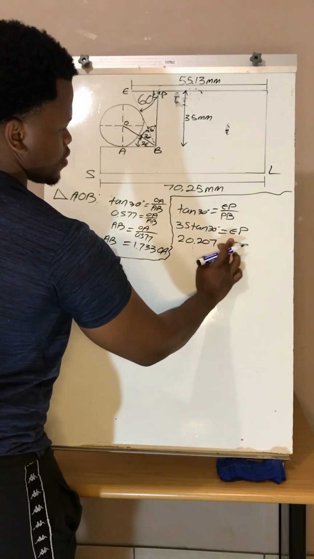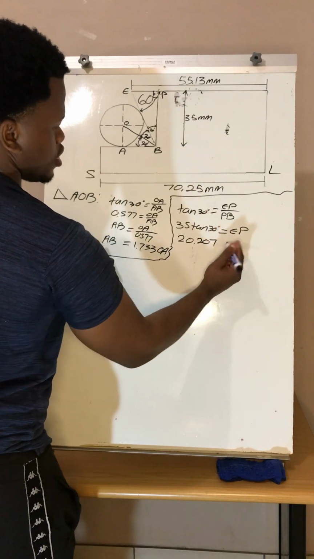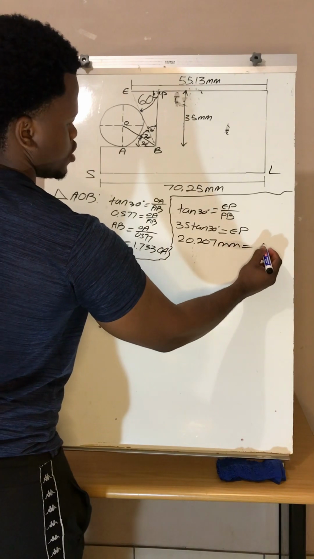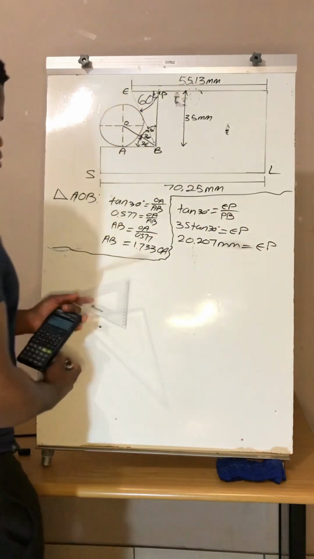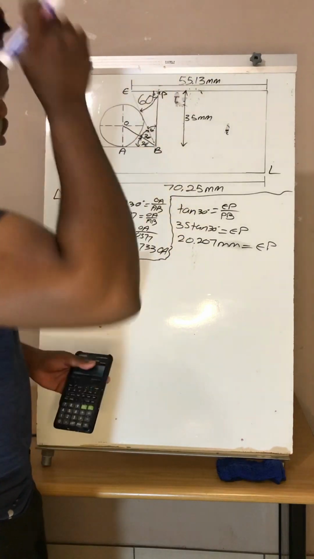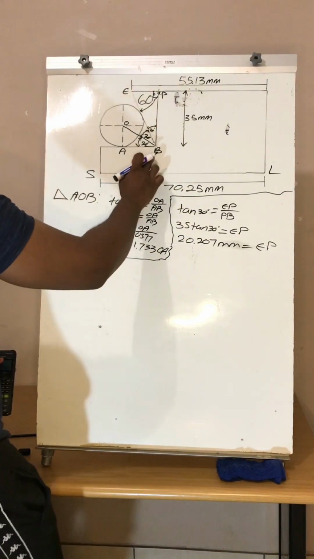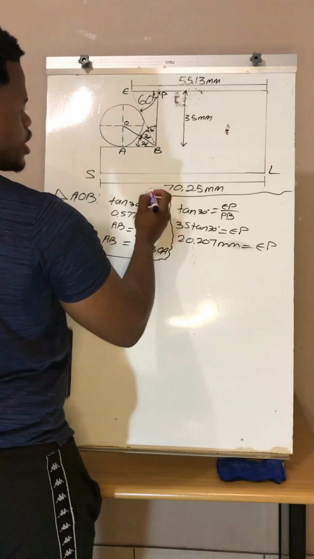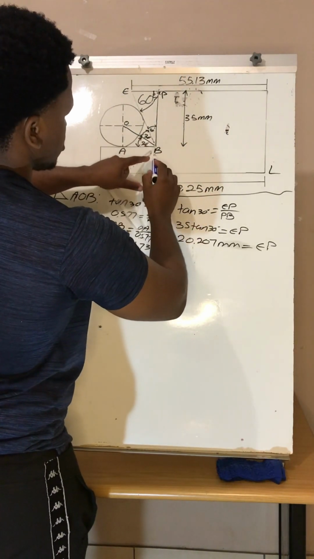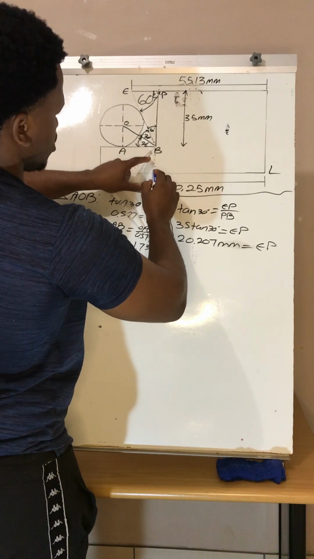But you have to specify if it's millimeters or meters. Mostly they will penalize you if you don't specify your units, so it's very important. Since we have EP, we can find the length from B to L. It's still the same B, so that we are not confused.